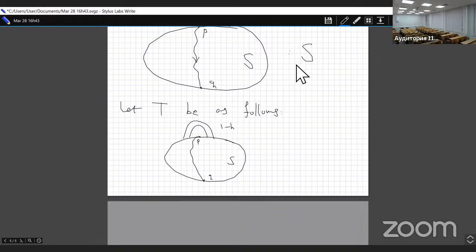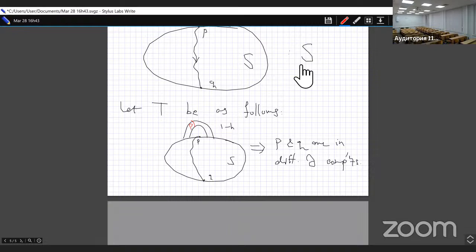So the result of this is that P and Q are in different boundary components. Let me consider, on this picture again, such a path, beta.